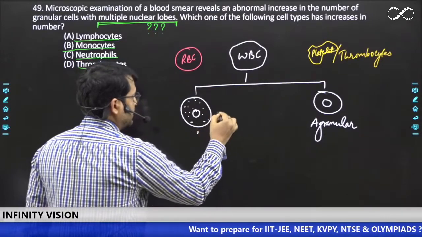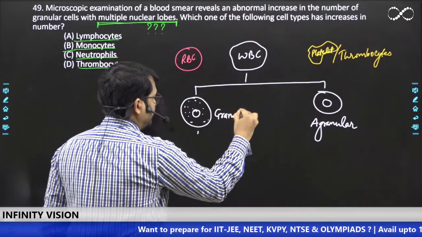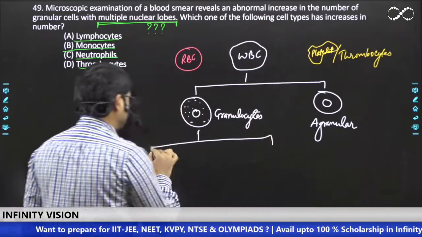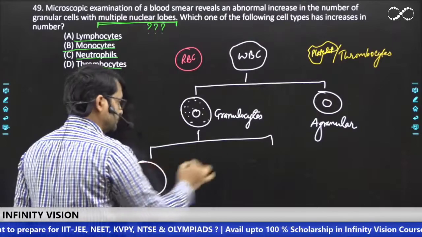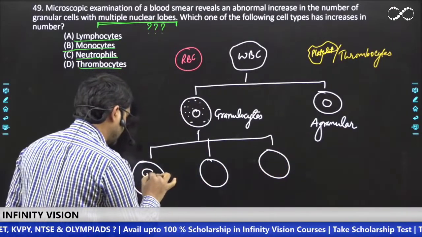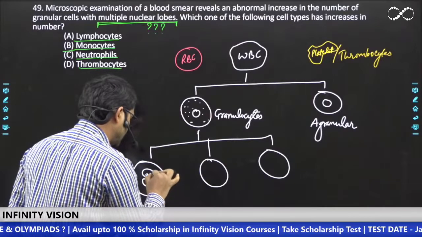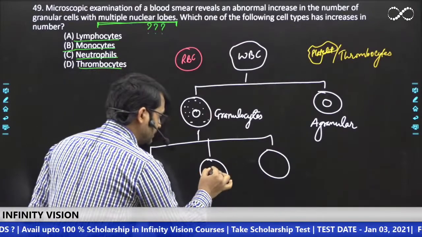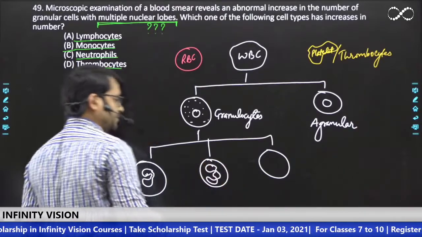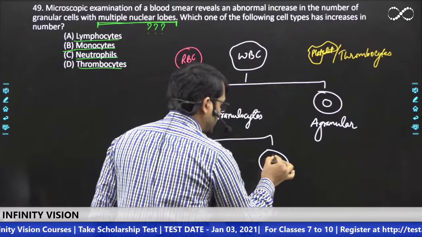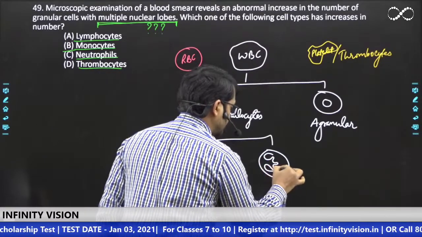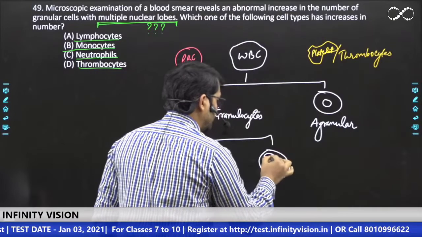Further, these granulocytes, what do we call them? Granulocytes, because what is in their cytoplasm? Granules. It is of three types. This has bilobed nucleus, this has maybe three-lobed, 2 to 3-lobed, and this has multiple-lobed nucleus.